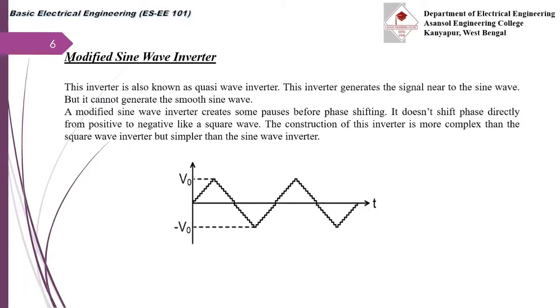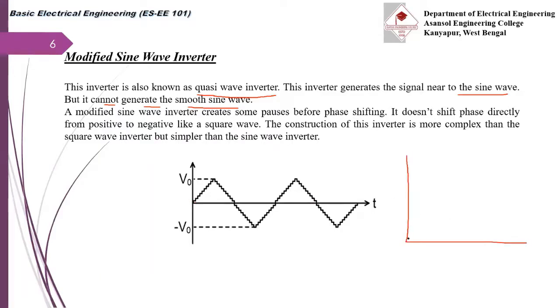Now, next one is the modified sine wave inverter. This inverter is known as the quasi-wave inverter. This inverter generates a signal near to the sine wave, but it cannot generate a smooth sine wave. Here you can see that these are small steps.